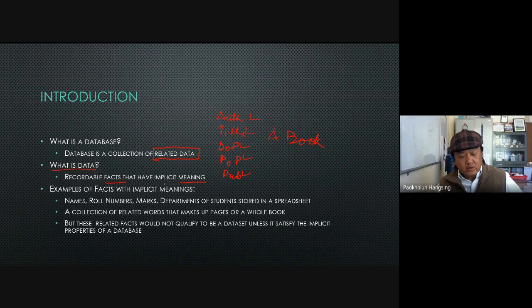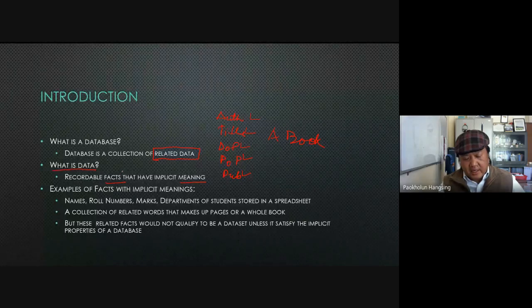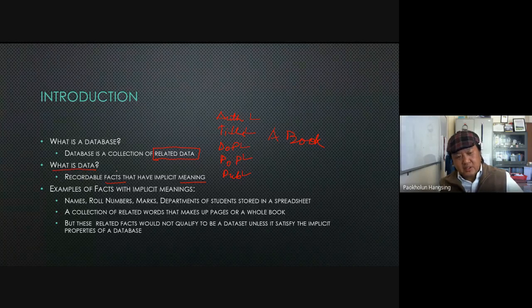Now, when you have facts but you cannot record them, we cannot say that that is data, because in order to qualify as data, we should be able to record it, because here we are talking about data from the perspective of a database system. So any data that we refer to when we are talking about a database system should be something which is recordable.